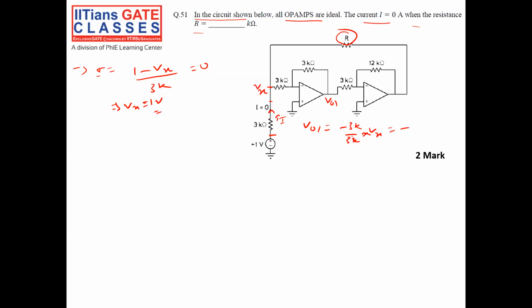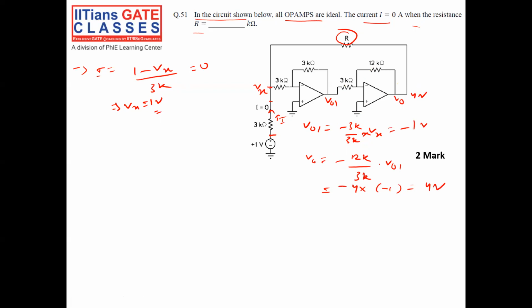Minus 3K by 3K is 1, and Vx is 1 volt, so minus 1 volt is my V01. V0 will again be minus R2 by R1, which is 12K by 3K, which is minus 4, into V01, which is minus 1, equal to 4 volt. So V output is equal to 4 volt, and Vx is equal to 1 volt.